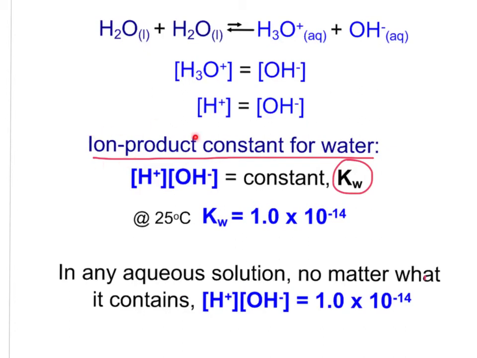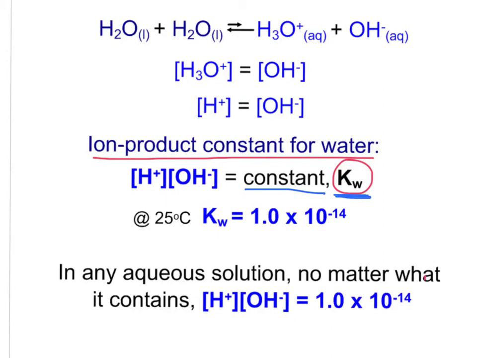We're going to look at the concentration of both ions, the proton and the hydroxide ion, and take the product of that. So we'll multiply the hydrogen ion concentration by the hydroxide ion concentration. That's the product part, ion product. We're multiplying the concentrations of the two ions together, and that always produces a constant. That constant is called Kw, the ion product constant for water.